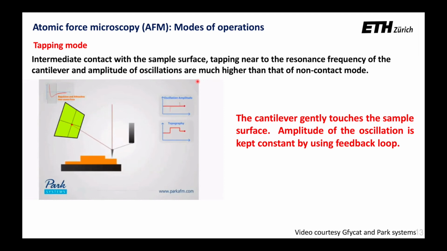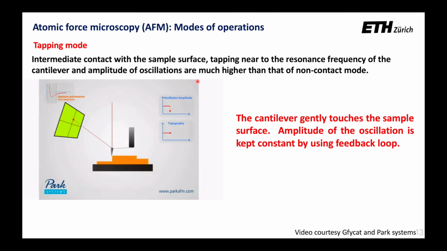Here, the cantilever is in intermediate contact with the surface, which actually taps near the resonant frequency of the cantilever, and the amplitude of oscillation here is much higher than that of non-contact mode. So here the cantilever actually touches, but on and off, gently touches the surface.